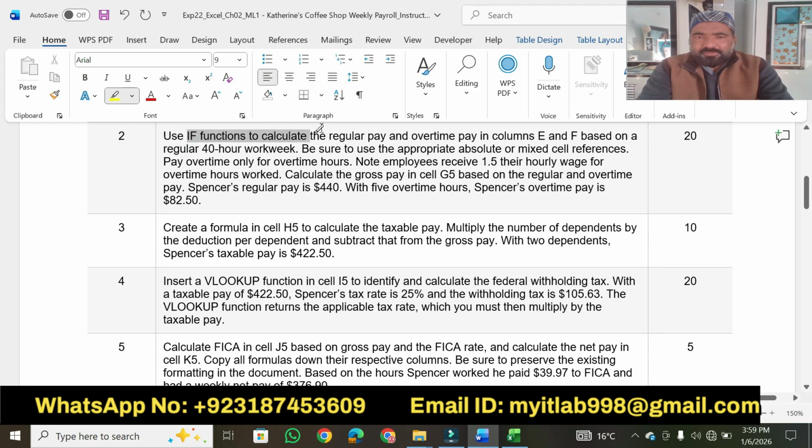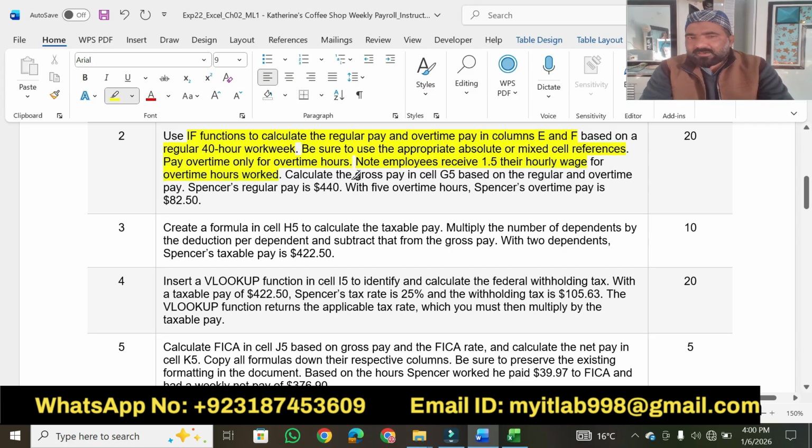Use the IF function to calculate the regular pay and overtime pay in columns E and F, based on a regular 40-hour work week. Be sure to use appropriate relative, absolute, or mixed cell references. Pay overtime only for overtime hours. Note that employees receive 1.5 times their hourly wage for overtime work.